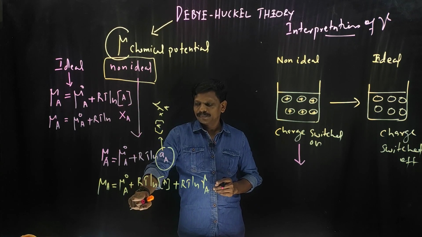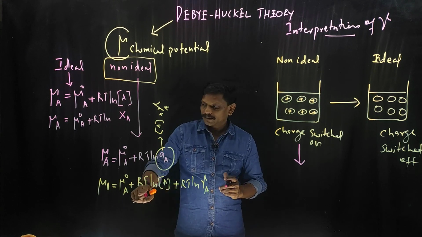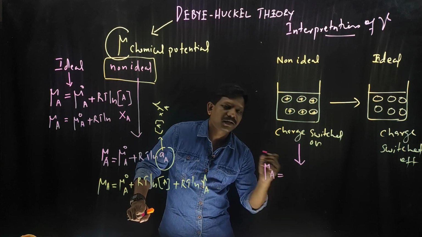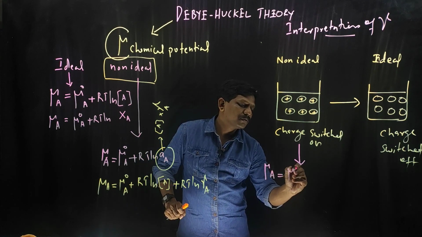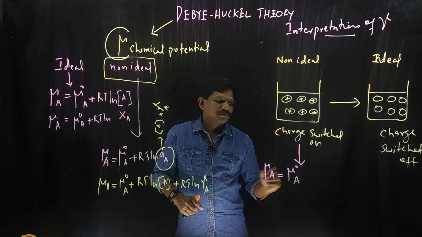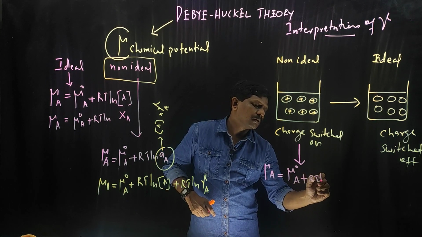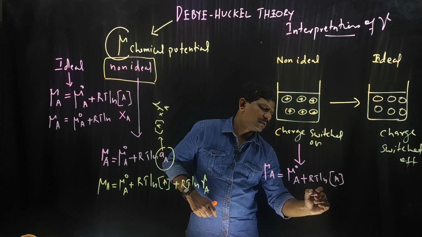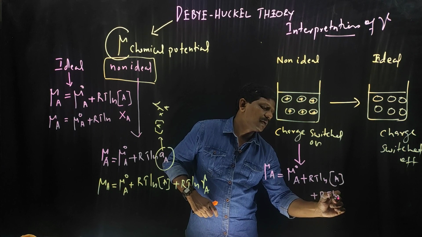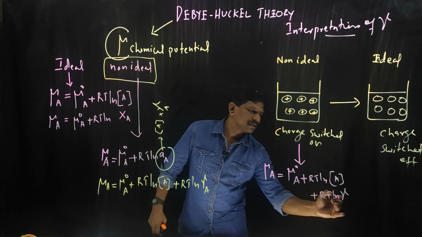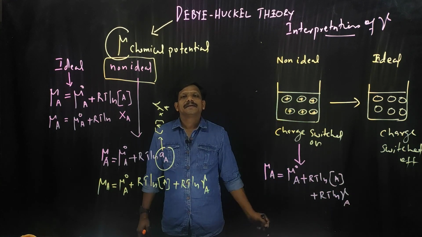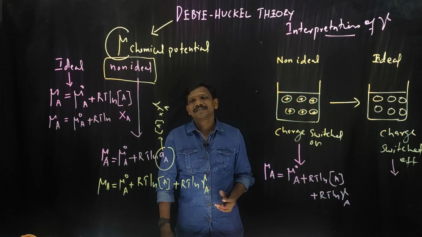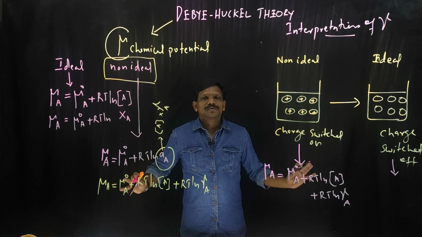So the equation for the chemical potential A is mu A equals mu 0 A plus RT ln A, concentration of A, plus RT ln gamma A. Now, I told you that this is an imaginary situation where the charge is switched off.